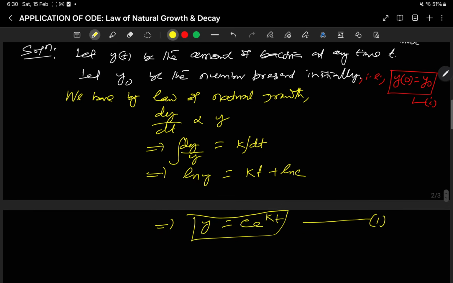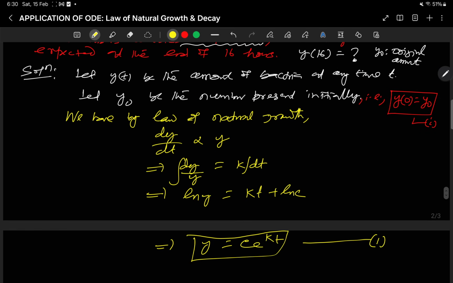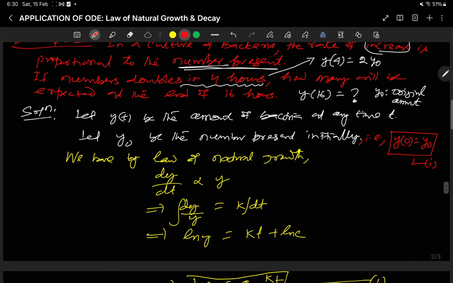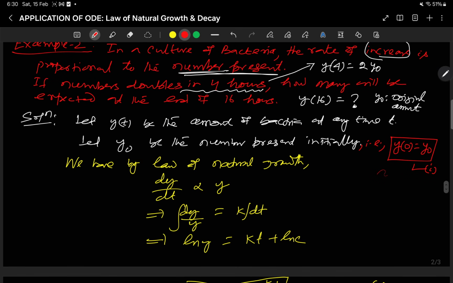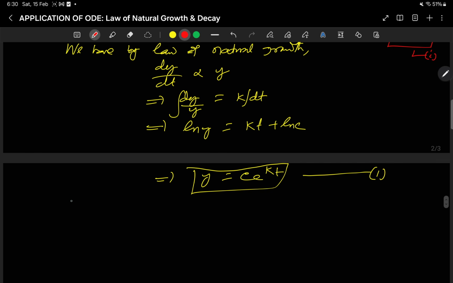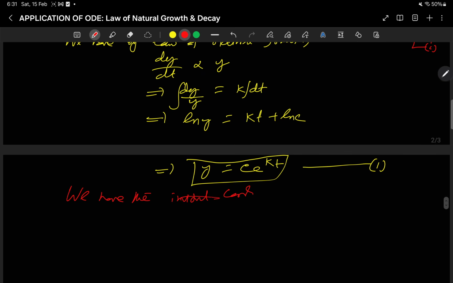Now condition 1 is this. What more conditions are there? Another condition here is y of 4. We have the given conditions.